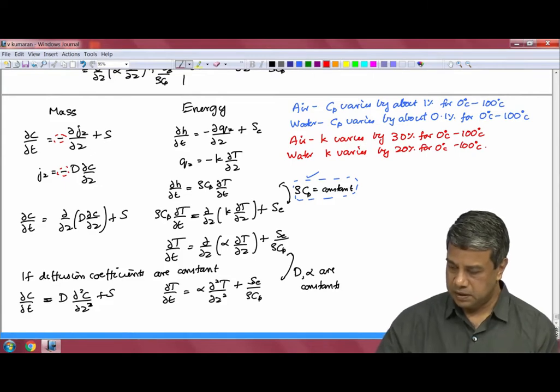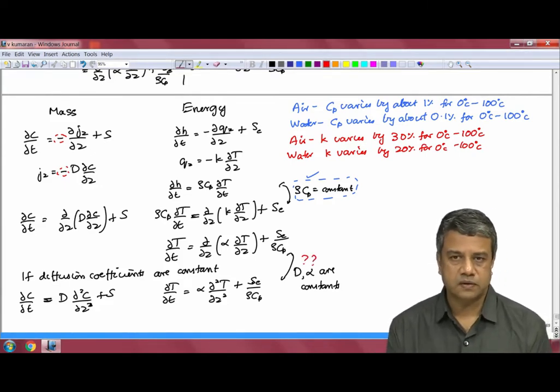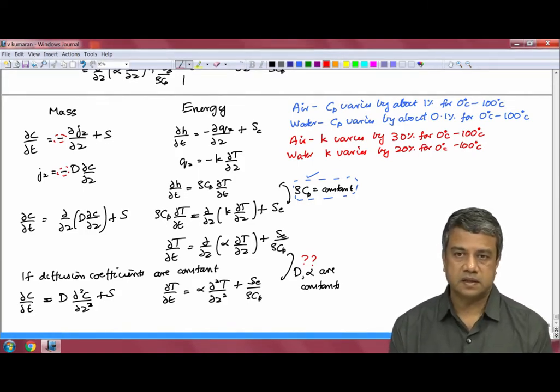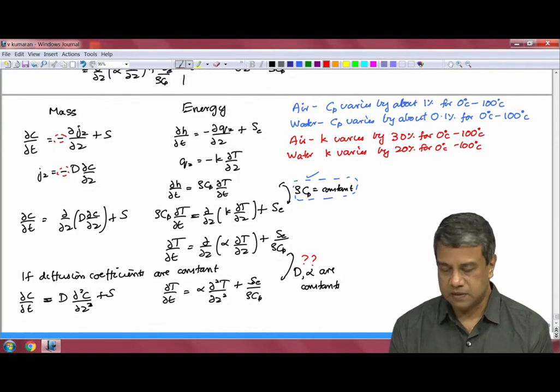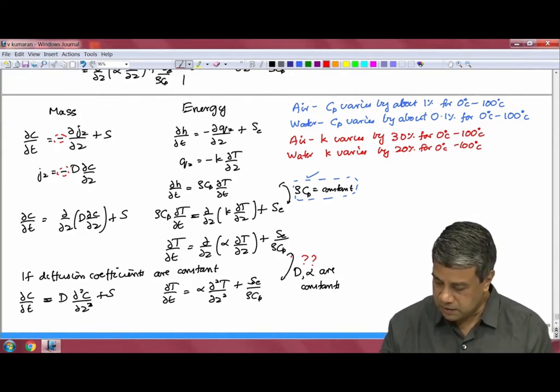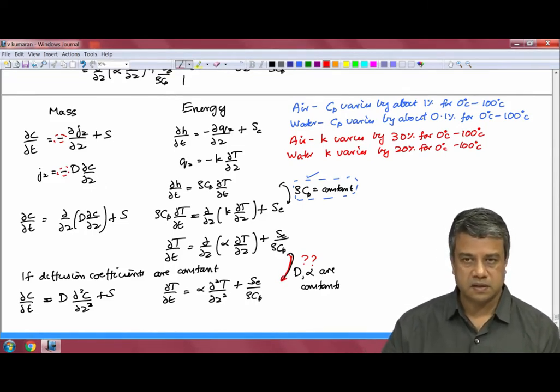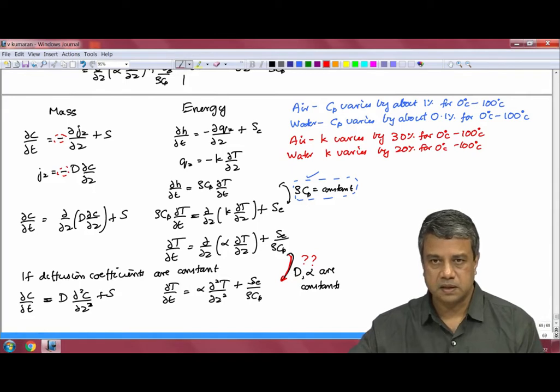So with this approximation, one has to be careful that the diffusion coefficient is a constant. In real situations, if there is a significant variation in temperature, there could be a significant variation in these diffusivities, and because of that we cannot reduce the equation to this form in general. We have to make sure that the variations in temperature are small, so that we can make this reduction.